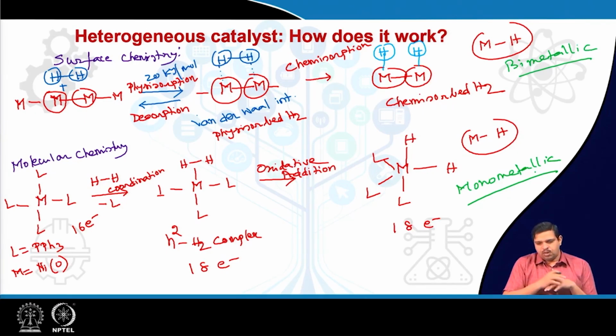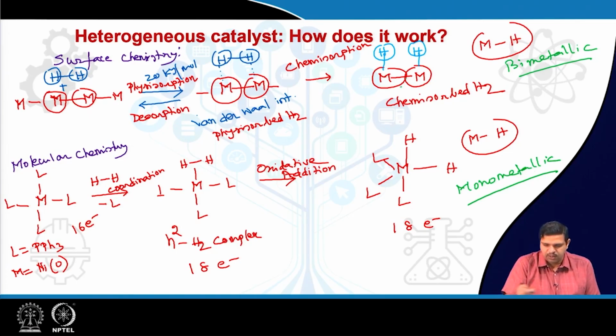But in normal cases in molecular chemistry, the formation of the MH or new bond is monometallic in nature, and for the heterogeneous system, which follows surface chemistry, it is bimetallic in nature.